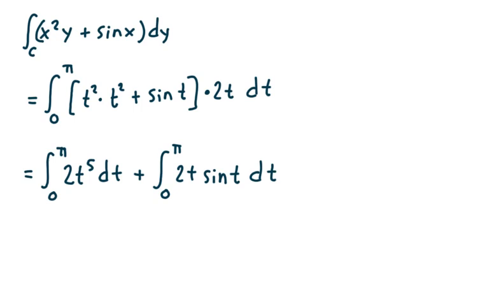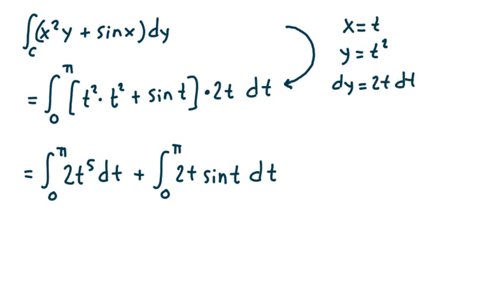So to go from the first line to the second line is straight substitution. And so don't forget, x is equal to t, y is equal to t squared, and dy is 2t dt. And so all I did was straight substitution.